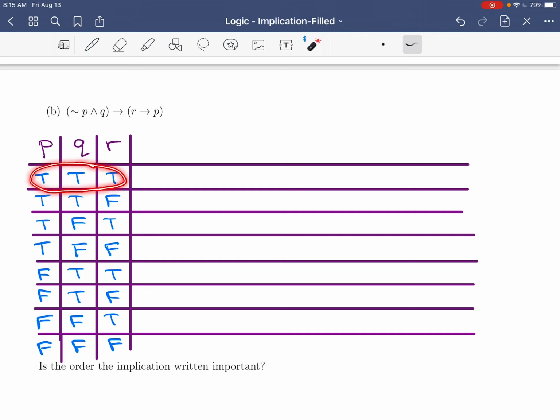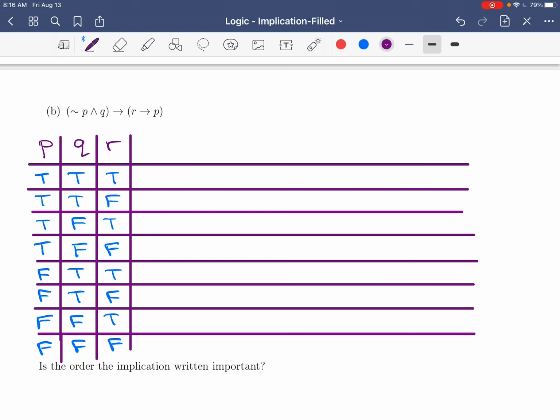So all trues, only R false, only Q false, both R and Q false. Only P false, only Q is true, only R is true, and they're all false. So these are all different. Now I'm trying to build up to this.